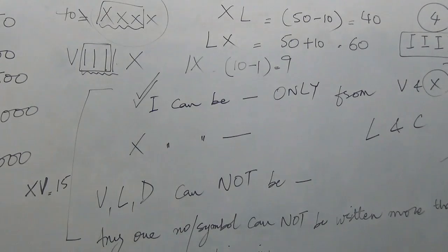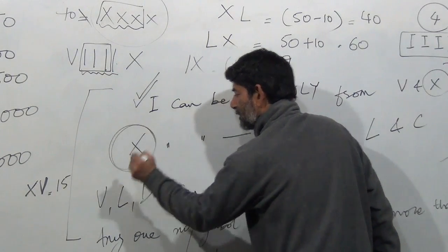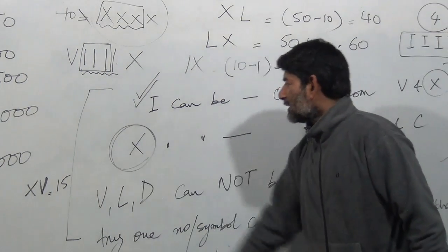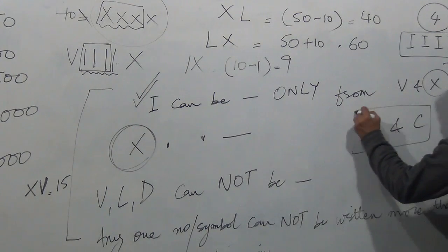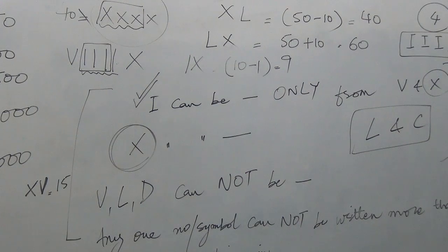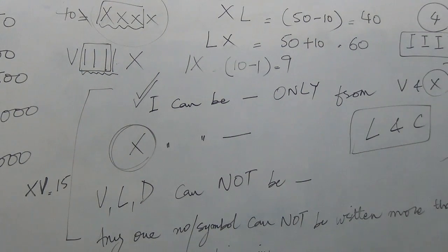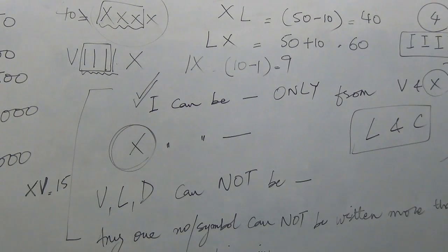The next is X, which is 10. 10 can only be subtracted from L and C. What is L? 50. What is C? 100. So X can be subtracted only from 50 or 100.